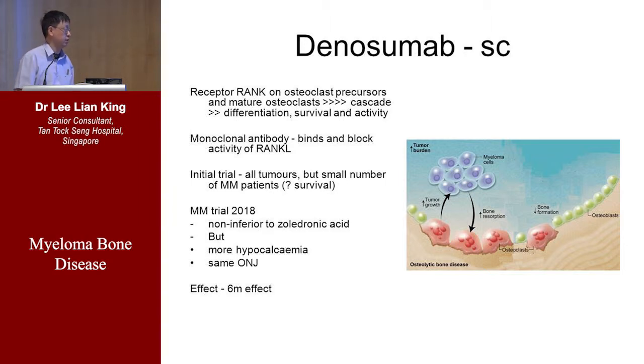Now, another medicine which has come to market, I think approved early last year, was denosumab, which is given subcutaneously and is a monoclonal antibody which binds to the receptor called RANK.